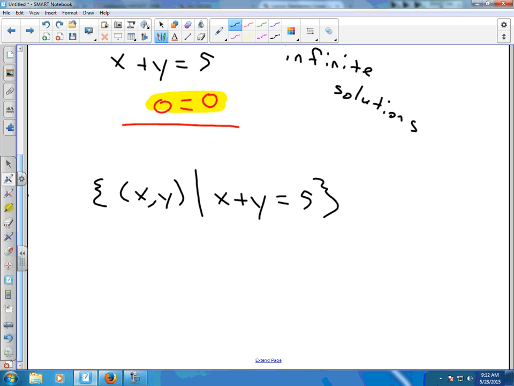So any ordered pair that works for that equation works for both equations. So there are an infinite number of solutions here because think about a line has an infinite number of points, but it's not just any point, it's any point that's on that line.